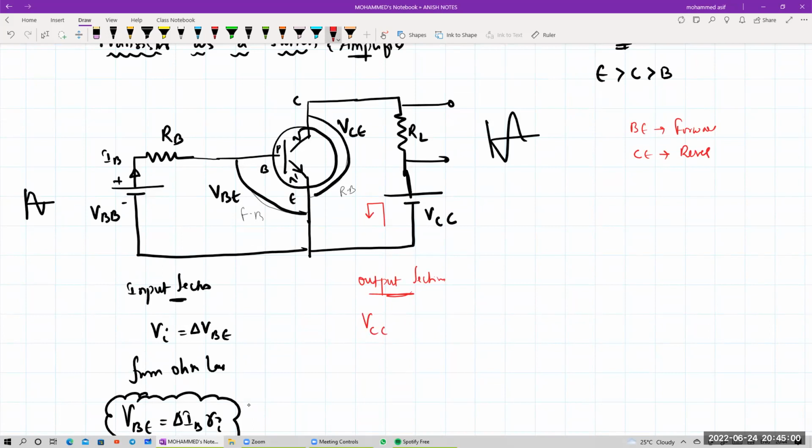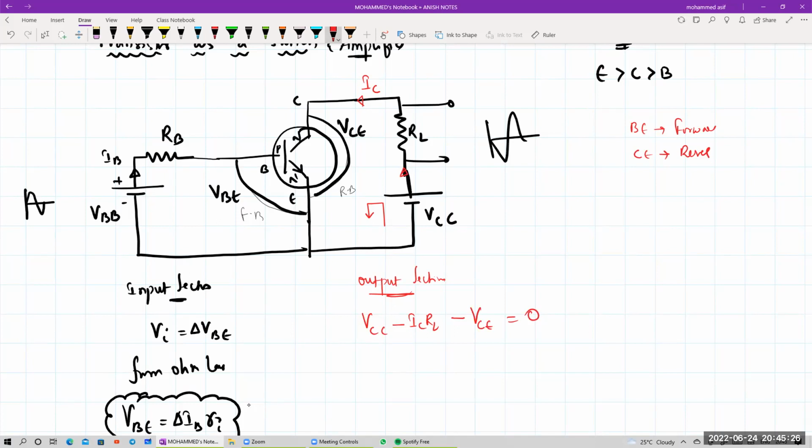VCC minus IC into your RL, because we go in the same direction, and this will be your current IC into your RL. The current flowing here, this is the flow of your current from the positive terminal, so whatever the current is flowing will be equal to your IC. So VCC minus IC into your RL minus, again coming to this one, the potential will be equal to your VCE, and that will be equal to 0.